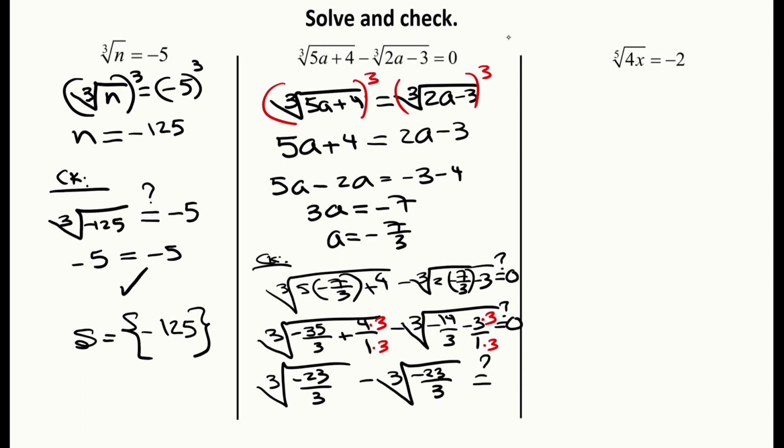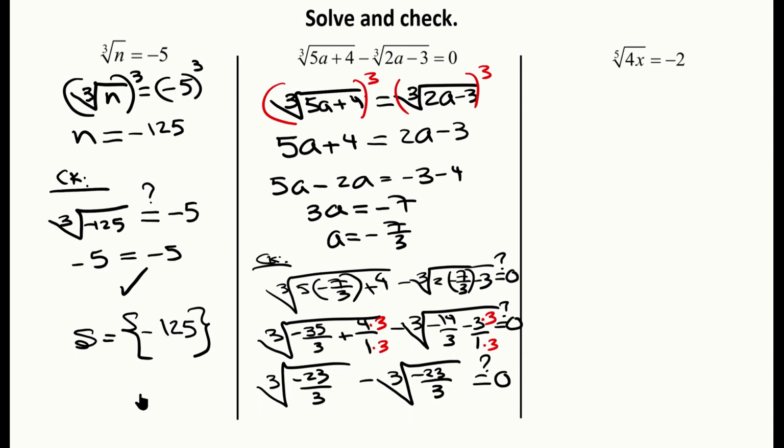We want to know if that's equal to 0. No need to worry about figuring out these rather difficult cube roots. Neither one of these is a perfect cube, but we don't need to, because look, we have some number minus itself.